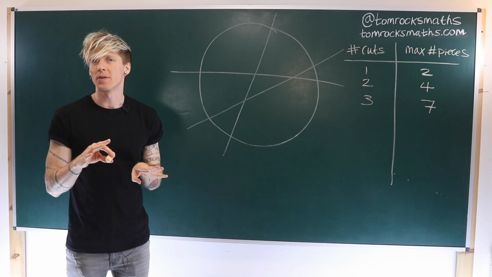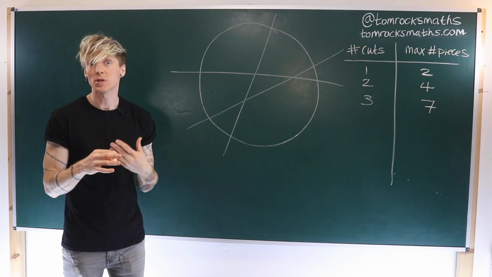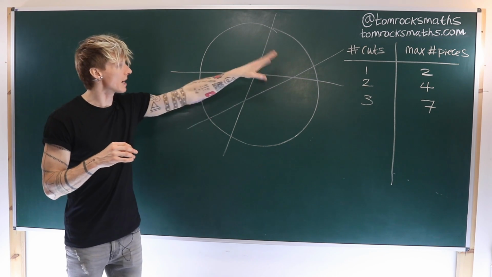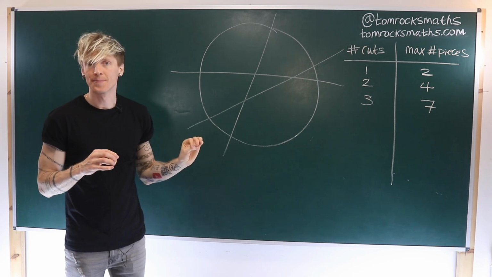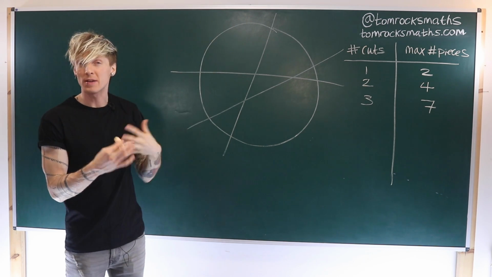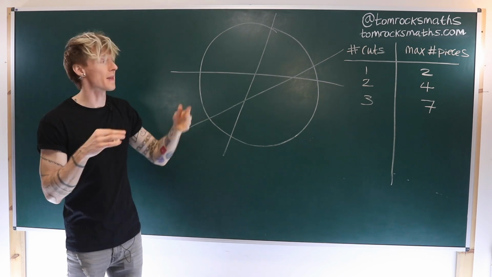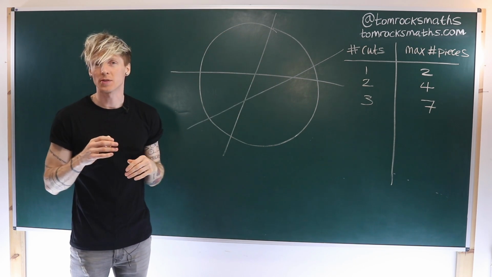Now let's just stop for a moment and think a little more carefully about the decision that we just made. When adding this third line, I said I could go up here and avoid any of the previous 2, and that would divide this top region into 2 pieces and therefore add 1 to the total.